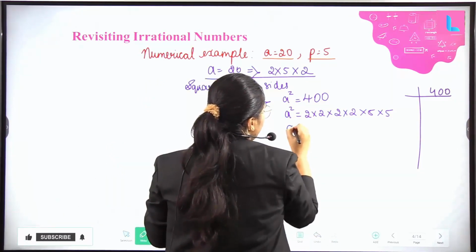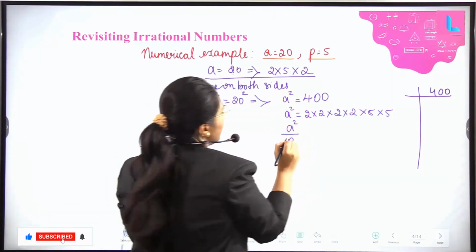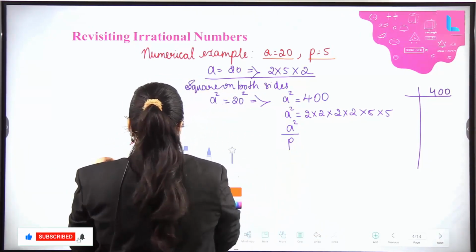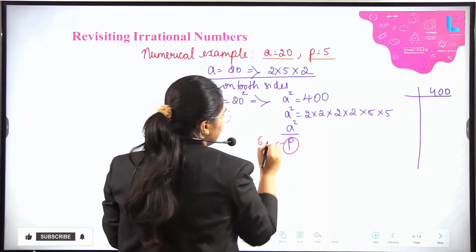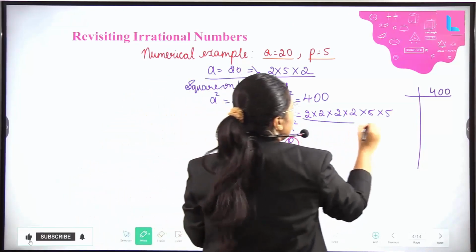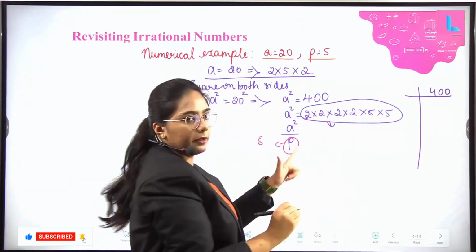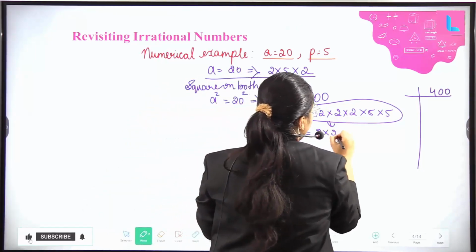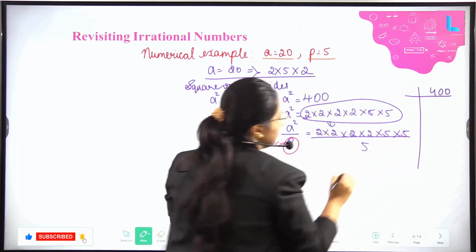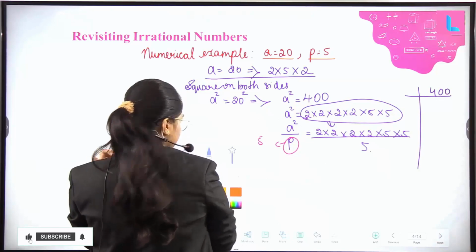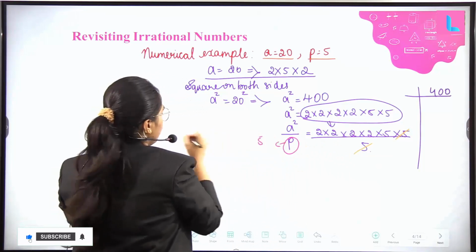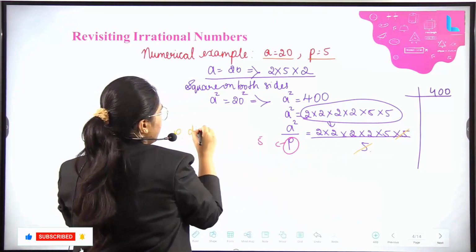Since this is A square, we have to see A square upon P. Here A square is 400 and this P is 5. We have to see whether this whole thing is divisible by 5. That is 2 into 2 into 2 into 2 into 5 into 5 upon 5. This 5 and this 5 get cancelled. Obviously it shows that we have proven that P divides A square.